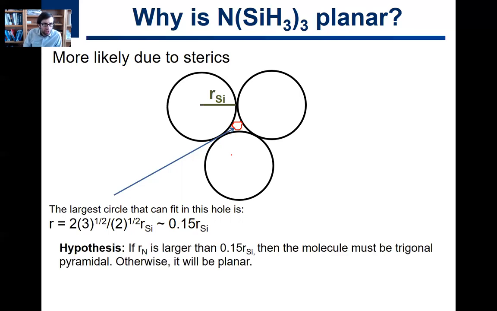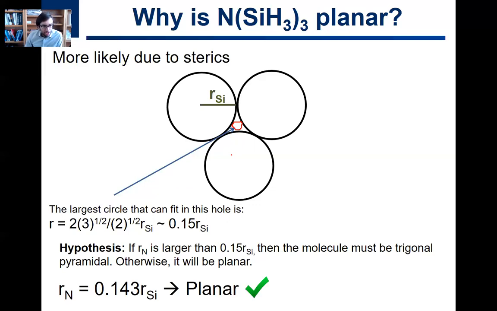Once you figure that out, you can come up with a hypothesis that states that if your nitrogen radius, or whatever your central atom is, is larger than 15% of the ligand atom, silicon, then the molecule must be trigonal pyramidal, because it can't fit in that hole. If it can't fit in the hole, it's going to distort from this highly symmetrical structure and bend down to give you the VSEPR predicted trigonal pyramidal geometry.